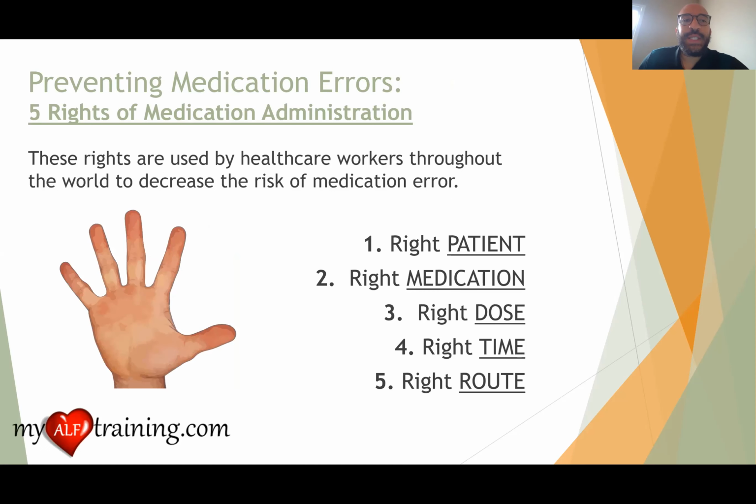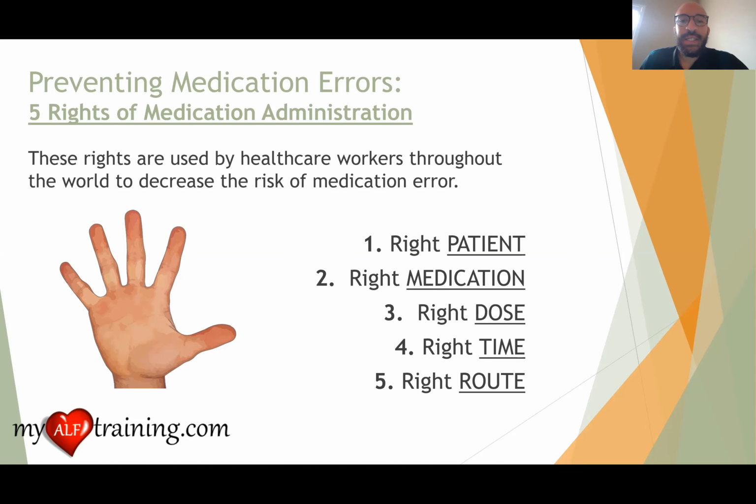Here, preventing medication errors. This is another way. Something quick. Just take your hand. So you want to have right patient, right medication, right dose, right time, right route. PMDTR.